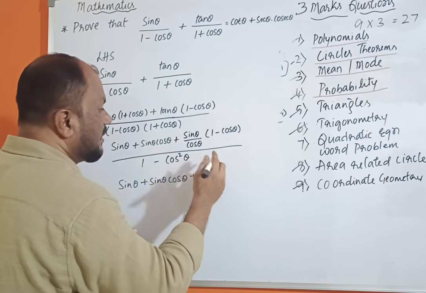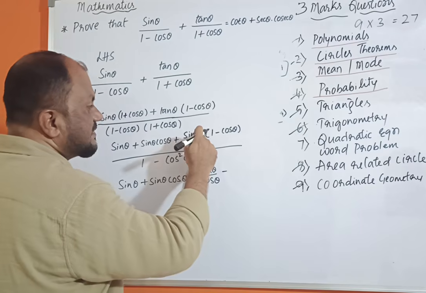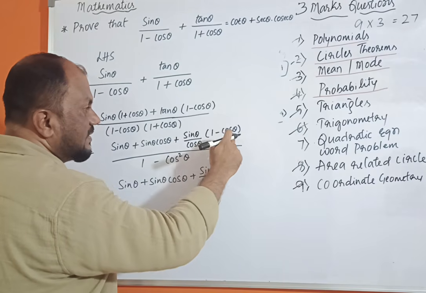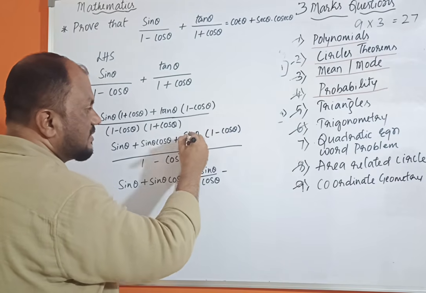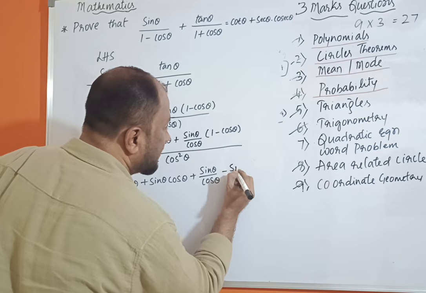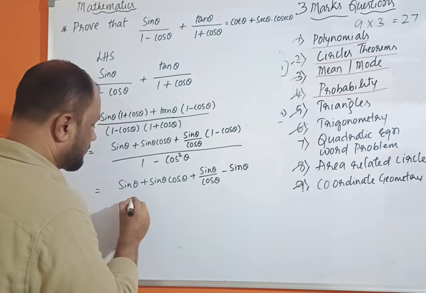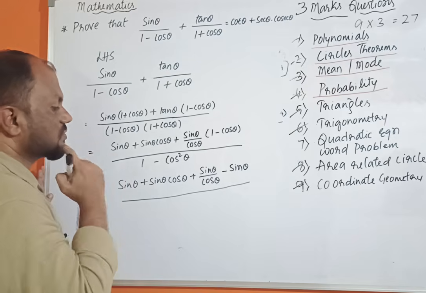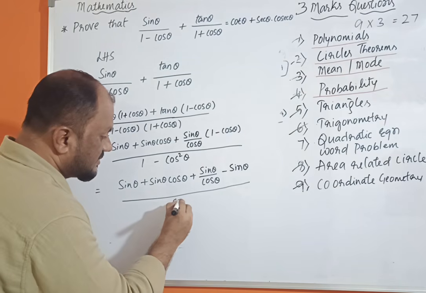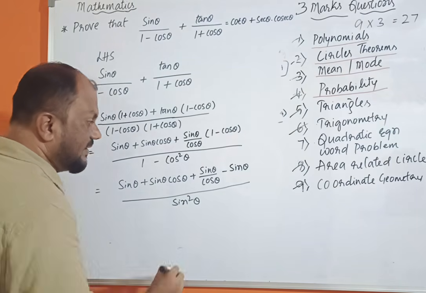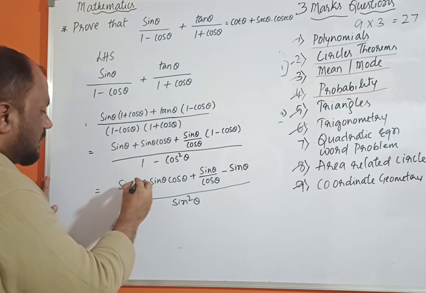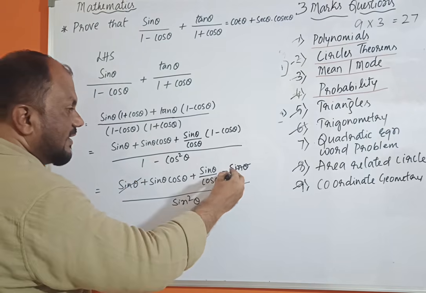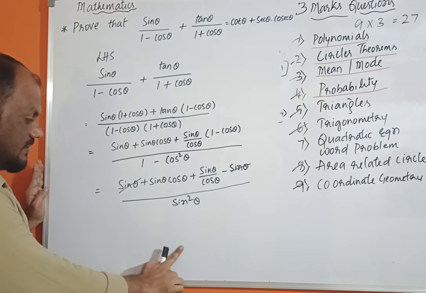Okay, plus into minus, minus sin theta upon cos theta get cancelled, only sin theta is remaining, divided by 1 minus cos square theta, which is sin square theta, identity. So positive sin theta, negative sin theta get cancelled.